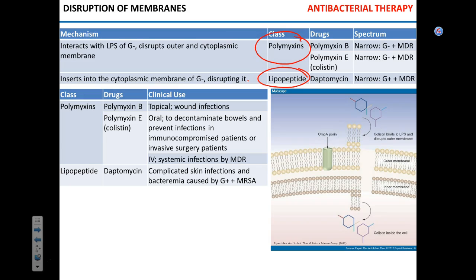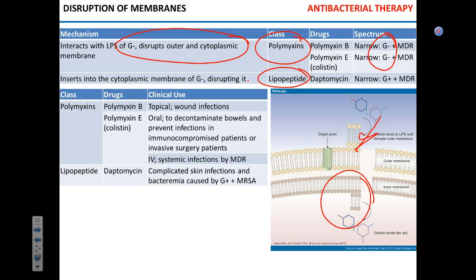Polymyxins can bind to the lipopolysaccharides of the outer membrane of the gram-negatives, and they also can insert themselves into the inner membrane of the gram-negatives, essentially disrupting both and leading to cell death. Okay, so they disrupt the structure of the membrane. They have a pretty narrow range, targeting mostly gram-negatives.